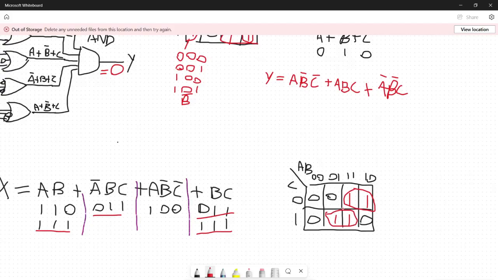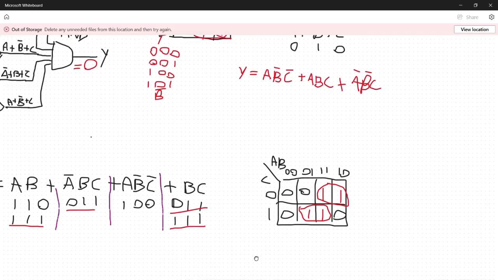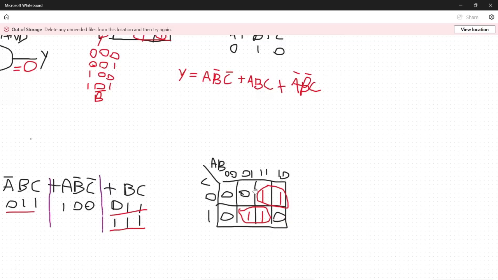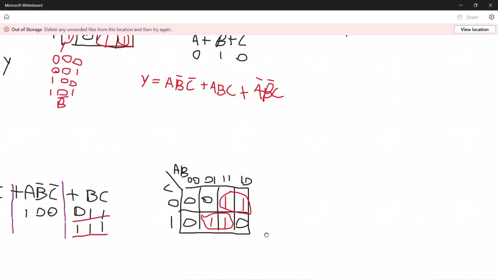And you might think, why don't we just put a third group here? Well, you notice that if we did do that, all the digits would be in groups already. So that would just be an unnecessary grouping, because we're trying to cover all of the digits with as few groups as possible.